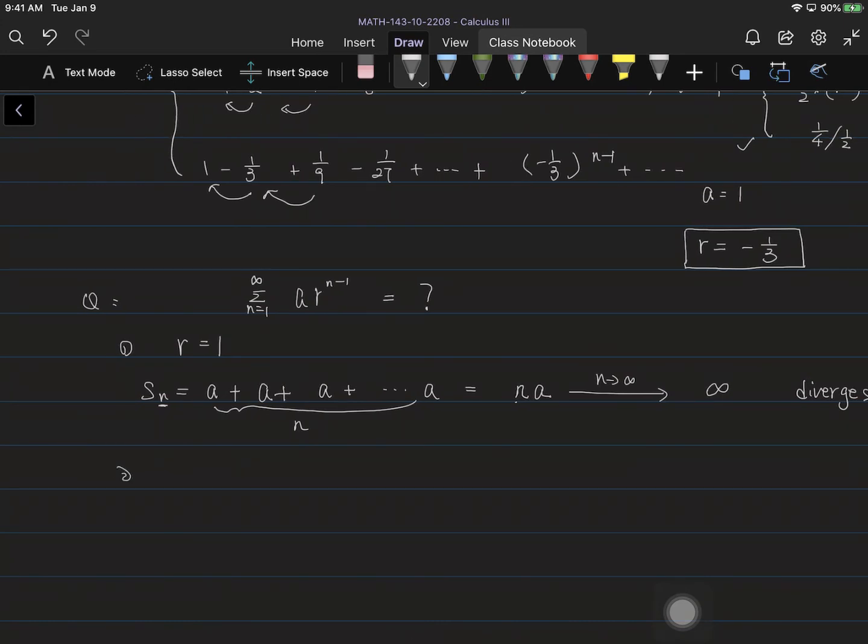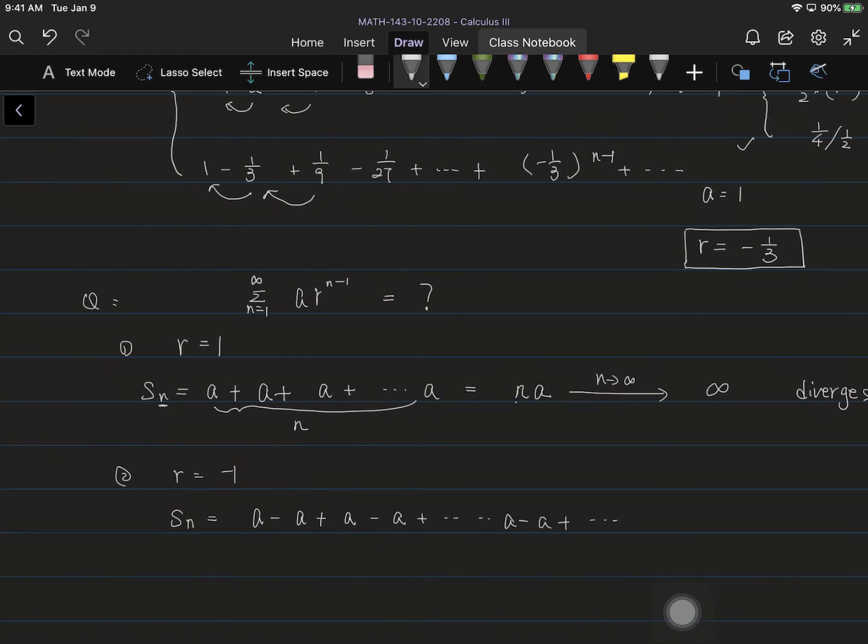Next, when r is -1, what is Sn? Sn becomes a minus a plus a minus a. Because it's ar squared, r is -1, so it's always +1, -1, +1, -1, and plus a minus a.